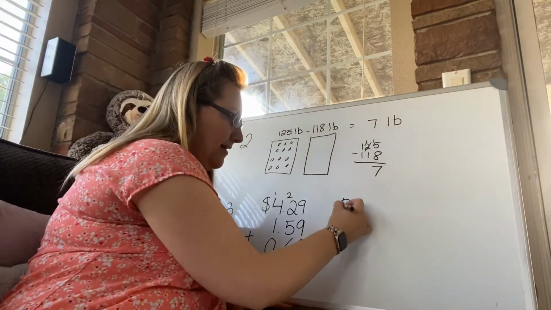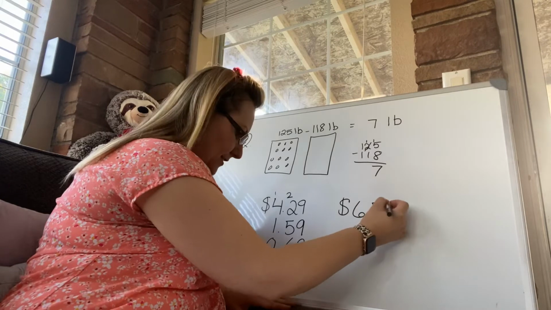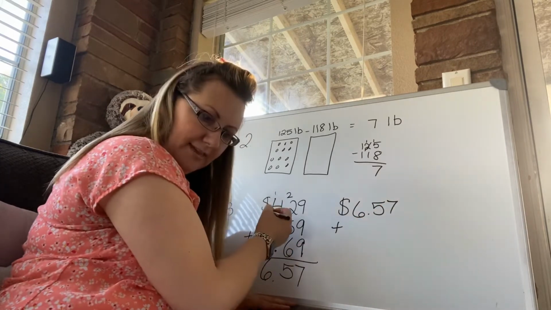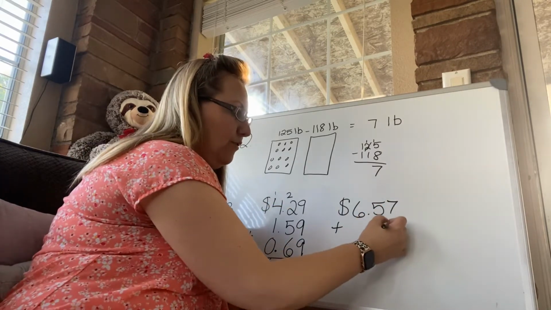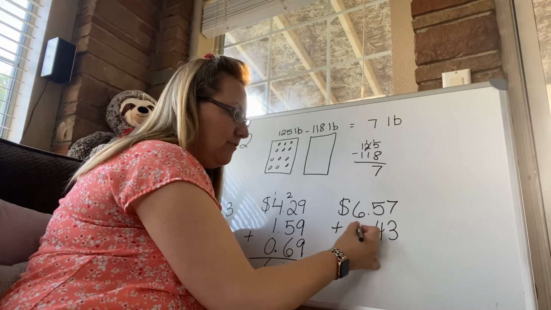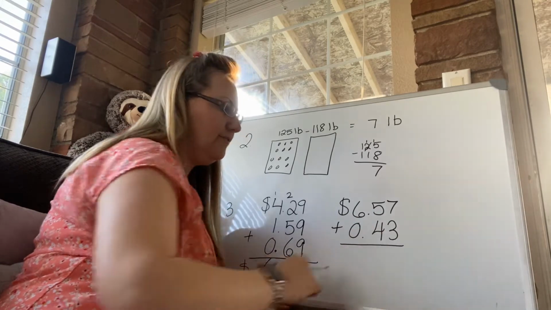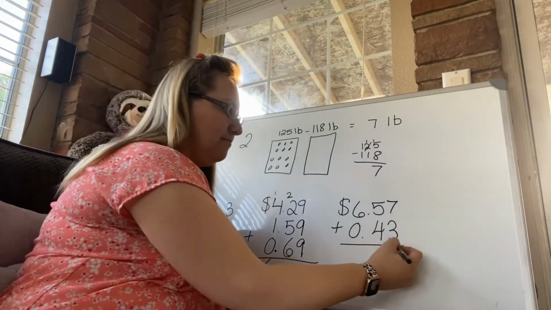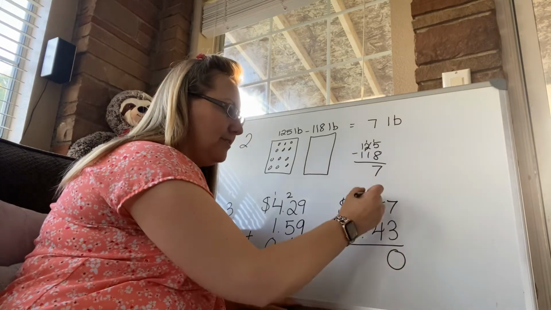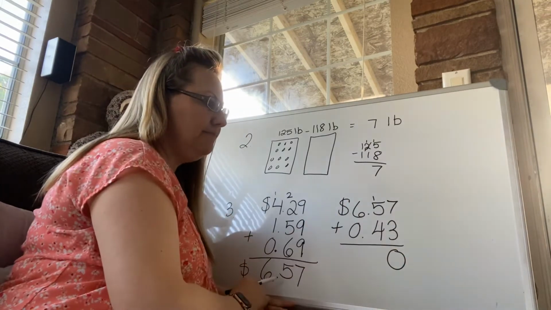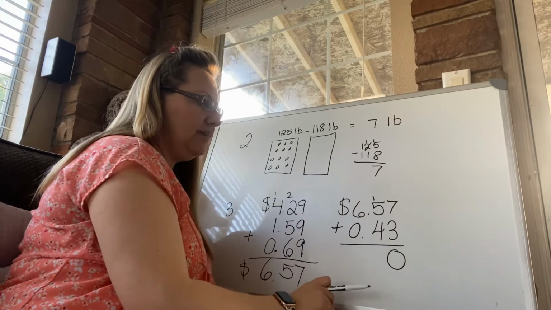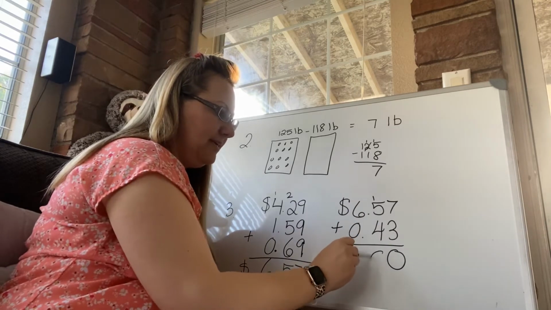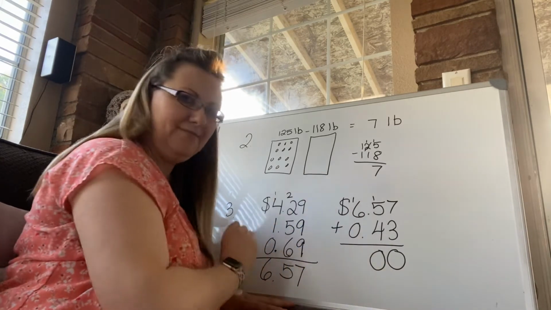So now I have $6.57 plus our sales tax, which is 43 cents, $0.43. Okay, 7 plus 3 is 10. Put down the 0, carry the 1. 5 plus 1 is 6, plus 4 is 10. Put down the 0, carry the 1.